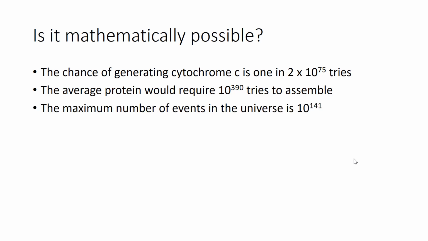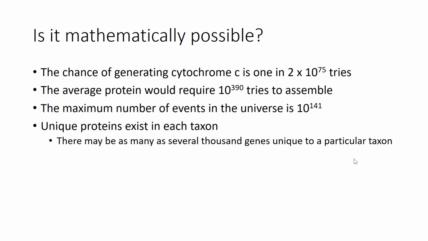This is particularly concerning because the approximation for how many events could have occurred in the 15 billion years that the universe may have existed is 10 to the 141 power. And so we have something that's several orders of magnitude, just astronomically high. It would require way more tries than the universe is even old enough to have allowed. So assuming we had a good mechanism, the probability of even generating one of these proteins is mathematically impossible.